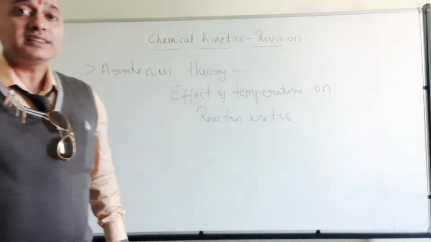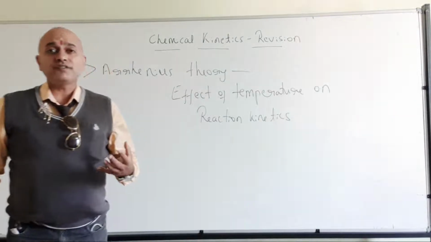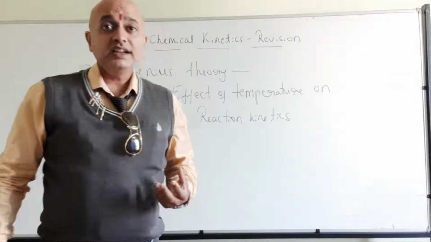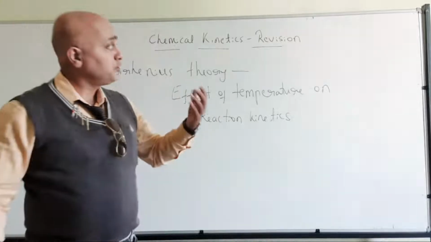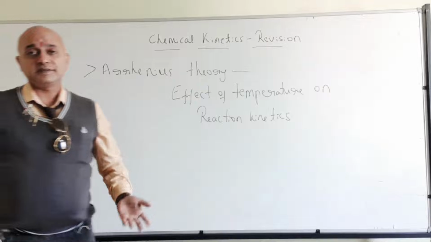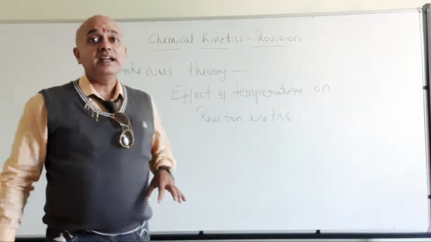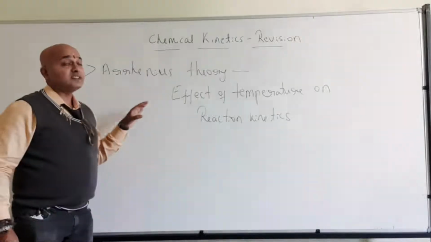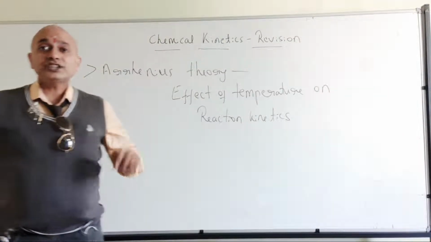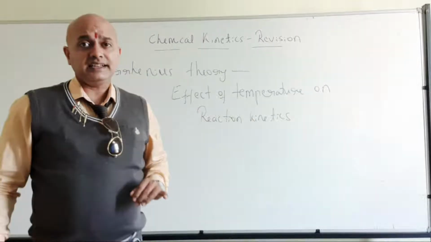Okay. So what he has observed here is that every increase of 10 degrees in temperature almost doubles the rate of the reaction. In short, as there is an increase in temperature, the reaction rate is also going to increase.